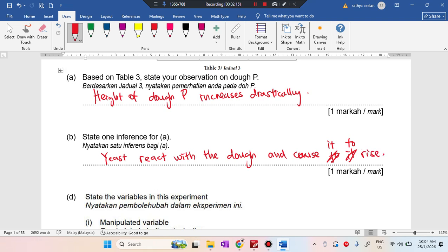Why did you say dough P height is increased? Because yeast reacts with the dough. That is the word that we want to hear. Okay? Already done.